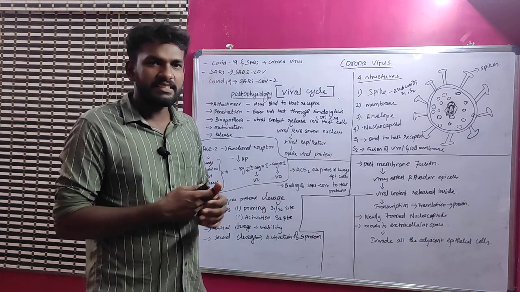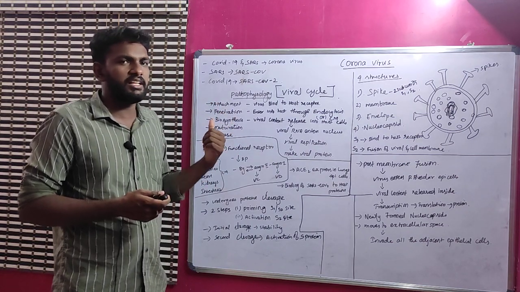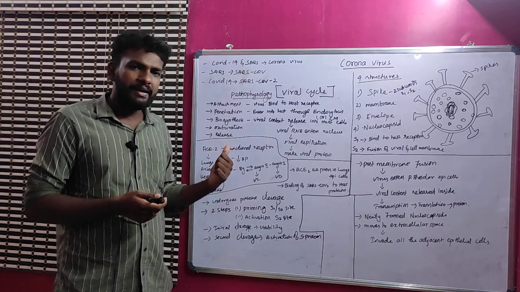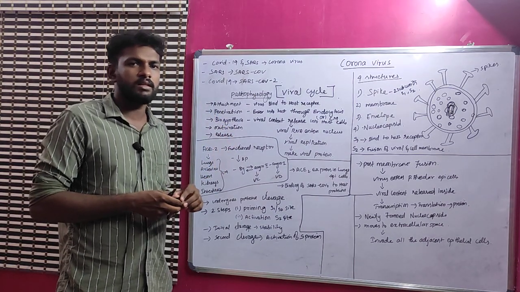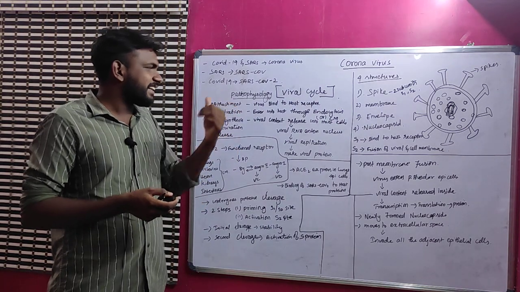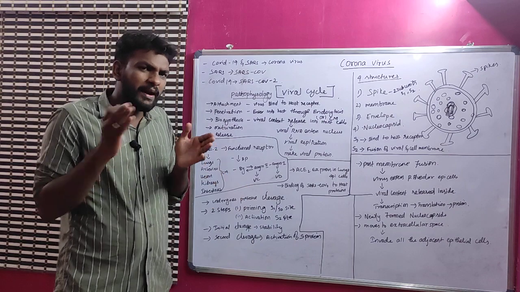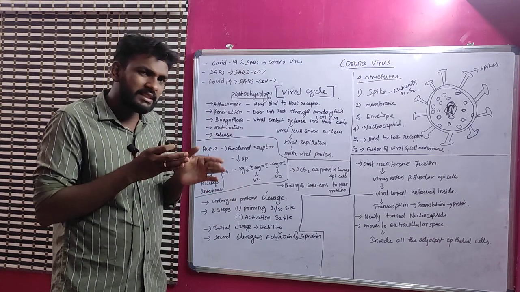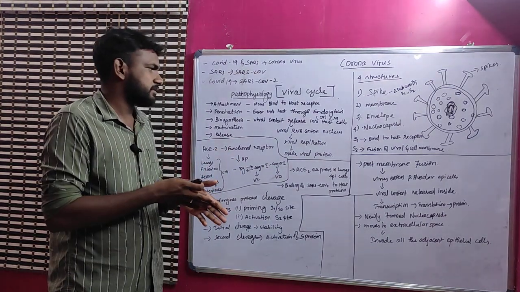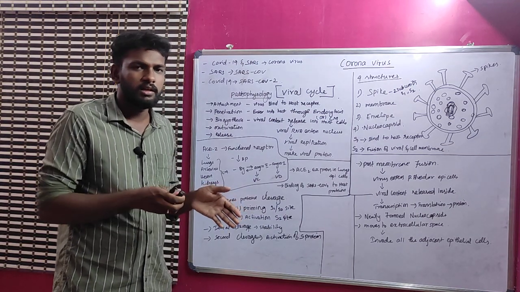Now see what happens in the viral cycle. There are five major steps involved: the first is attachment, the second is penetration, the third is biosynthesis, the fourth is maturation, and the final one is release. In attachment, the virus binds to the host receptors. Once it has bound, in the penetration process it enters the host cells by means of endocytosis.